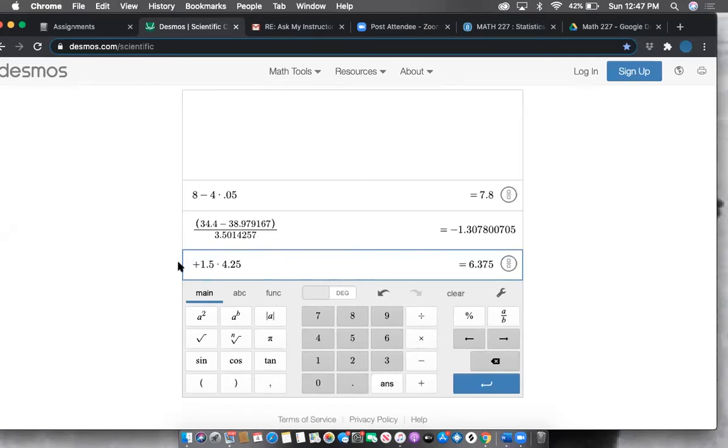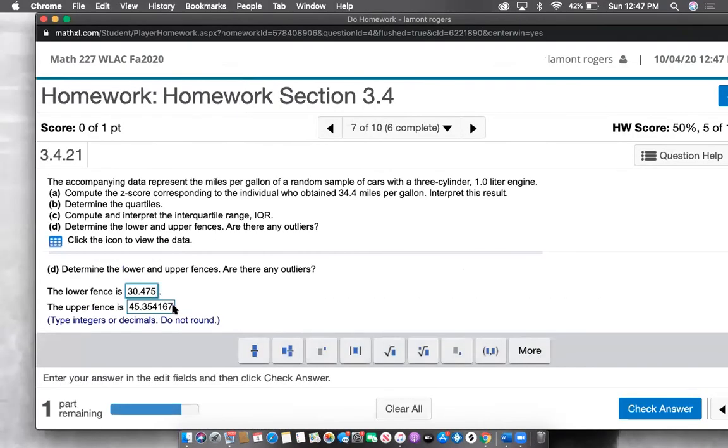That should be Q3 instead of Q1. 41.1, that's your upper fence. Yeah, we did that wrong. We used the mean.